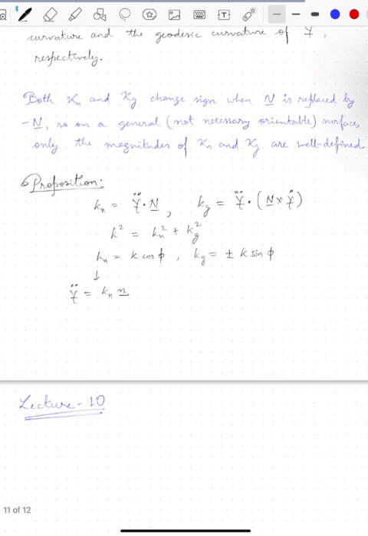So when we take the dot product with respect to the n vector, gamma double dot dot n is equal to kappa, because this is the curvature, times the normal dot n.